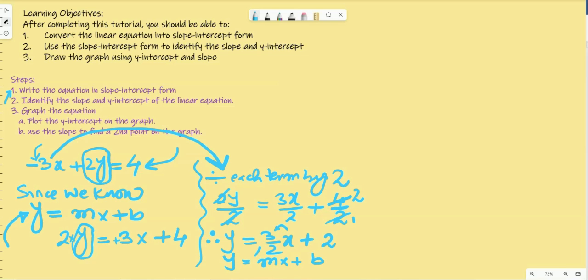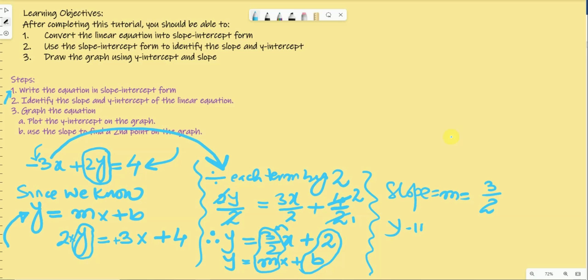If you compare, this is your m, and this is your y-intercept, which is b. So in this case, we got the slope, which is m, here 3/2. We got the y-intercept, which is b, and we got here 2.